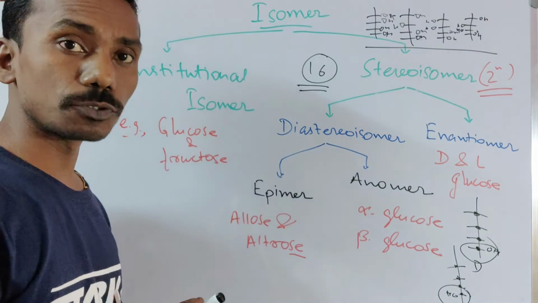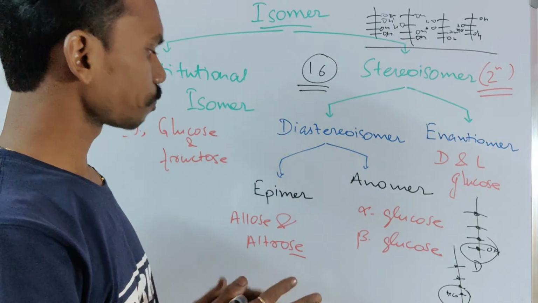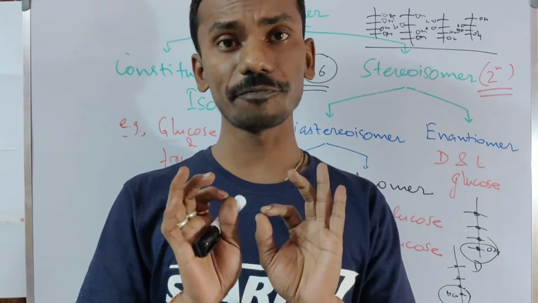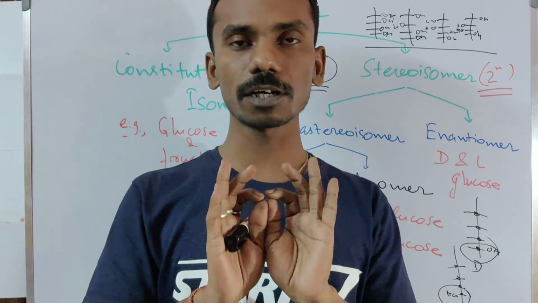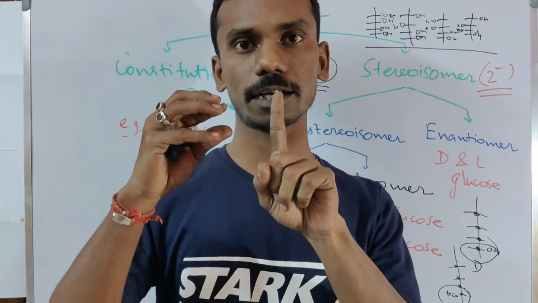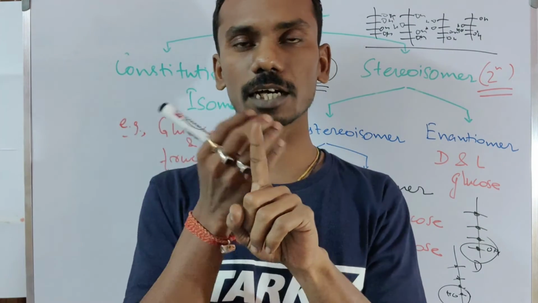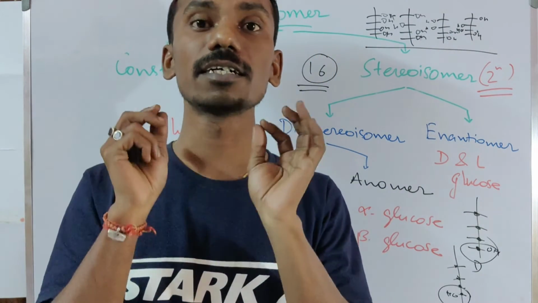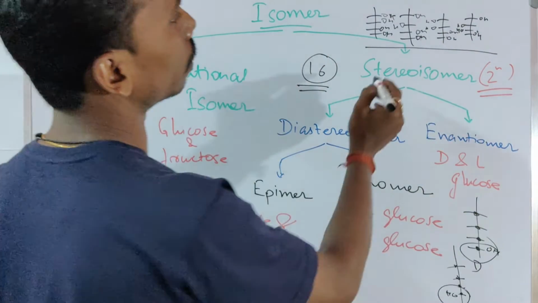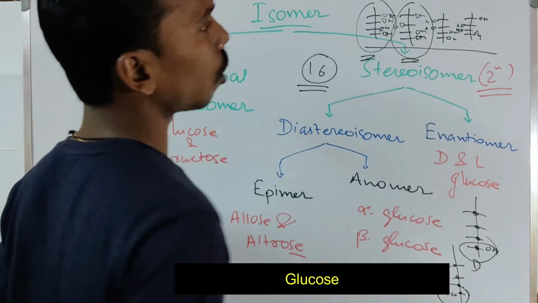Diastereoisomers are again divided into two different types: one is epimer and another one is anomer. Epimers are compounds which differ in the position of the hydroxyl group at one chiral carbon. Take an example like this compound and this compound. This is allose and this one is altrose.